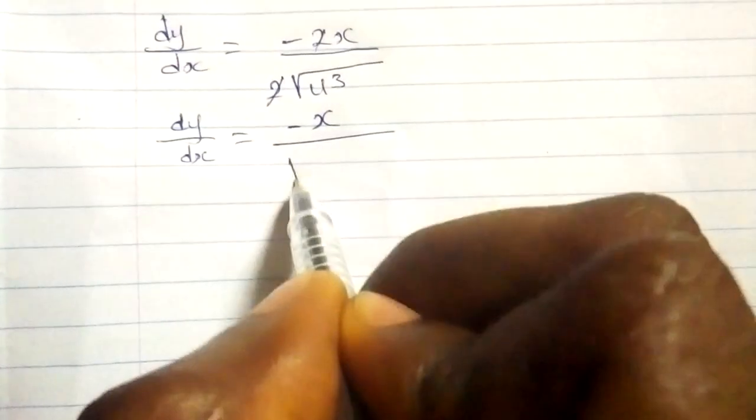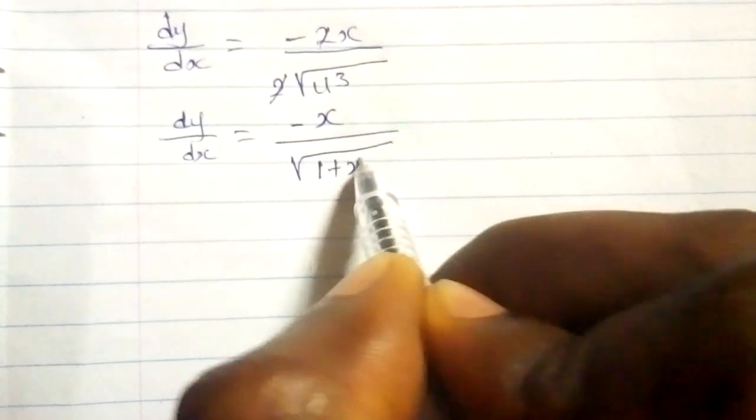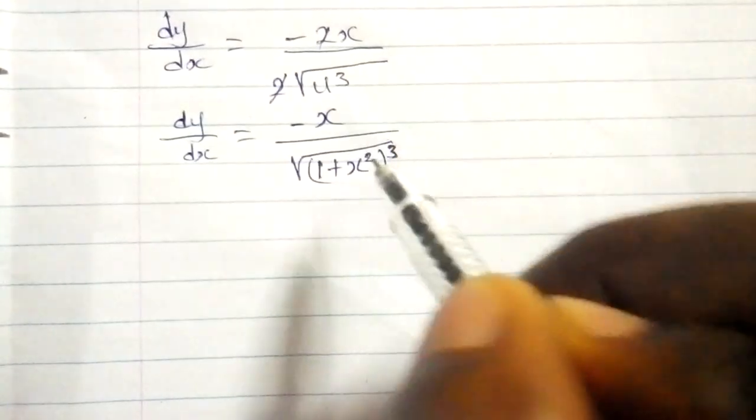Finally, dy over dx will be equal to minus 2x all over 2 root u raised to power 3. Remember that u is 1 plus x squared. Now the 2s will cancel out, which will give us minus x all over root of (1 plus x squared) raised to power 3 as your answer.